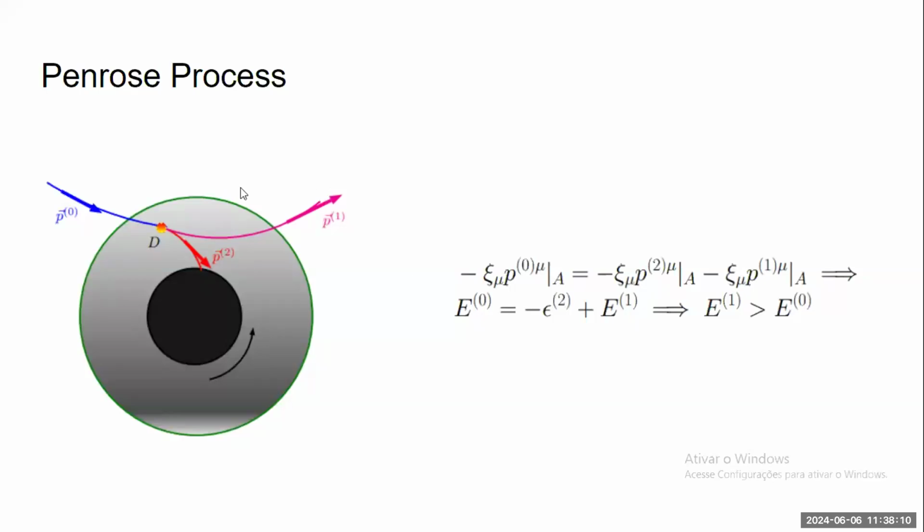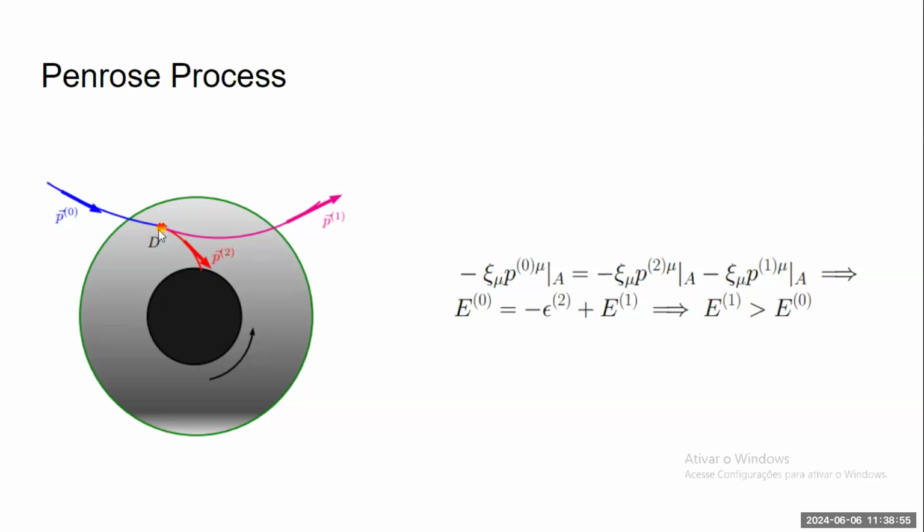It's a very simple effect to understand. The scalar here is the relativistic energy. Suppose you have particle zero with momentum p0, and you throw this particle in a very clever way, so that at point D inside the ergosphere it decays, and part of the particle goes into the black hole, and the other part escapes from the ergosphere, right?